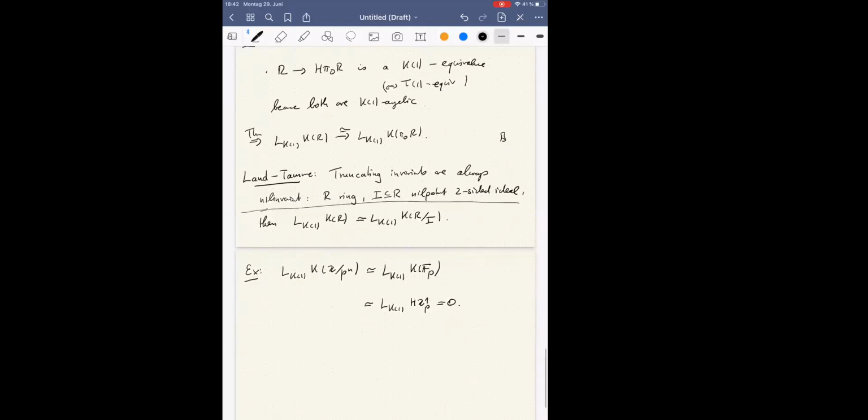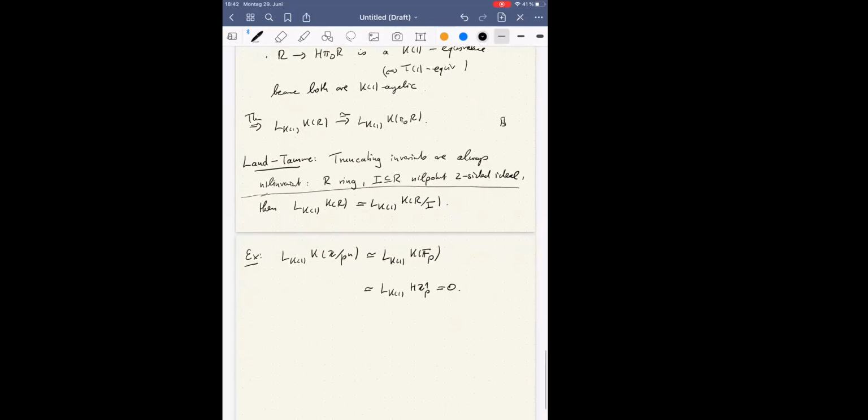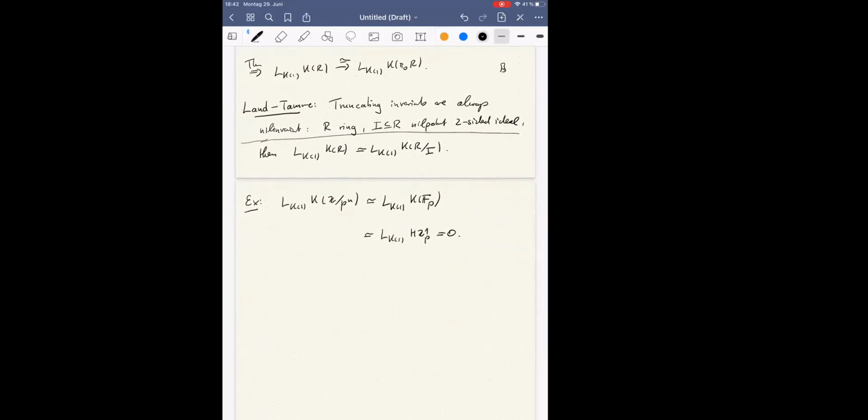Okay, so what else did I want to say? Right. I want to come back to this redshift style result I talked about earlier.